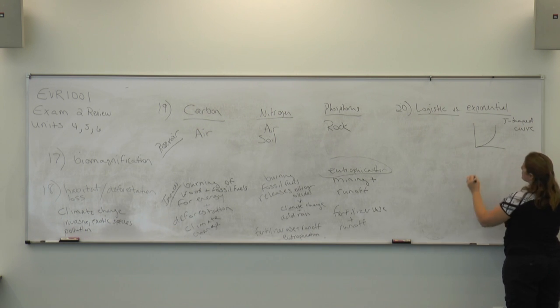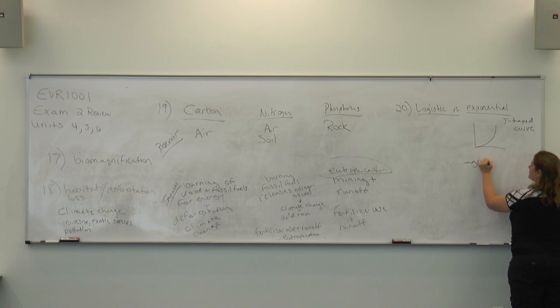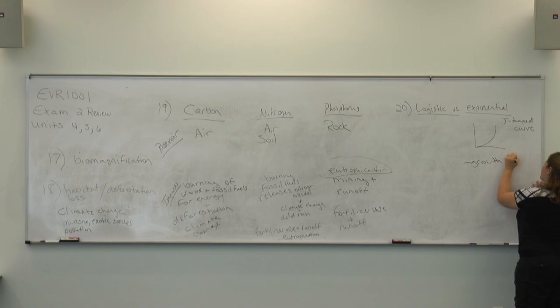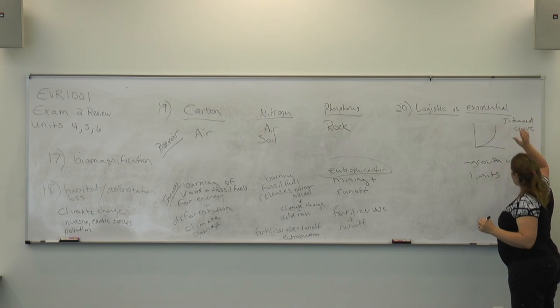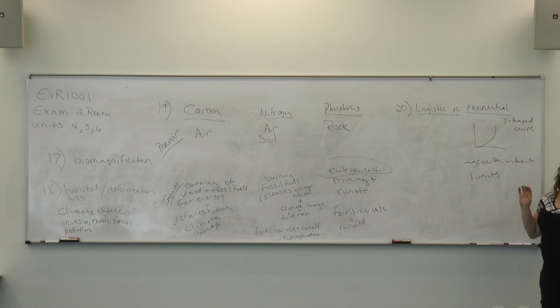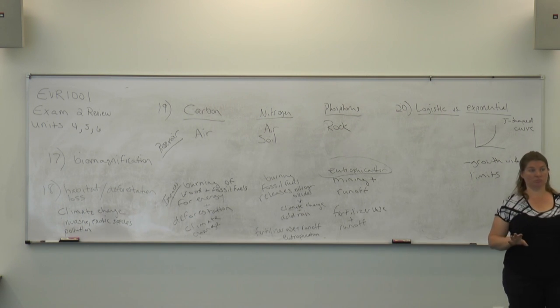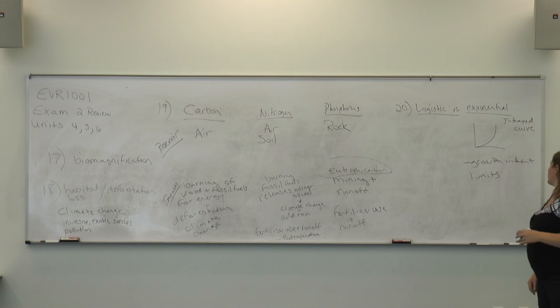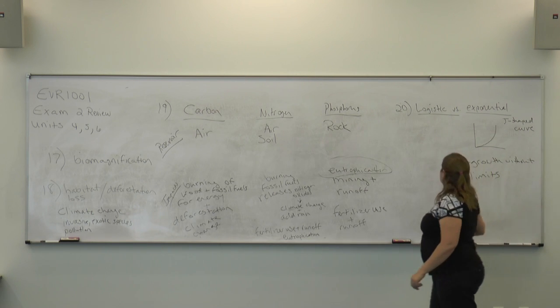So this is basically growth without limits. You have a constant doubling and doubling and doubling of populations. It looks like there's nothing constraining how this population can grow. That's exponential growth represented by a J-shaped curve.